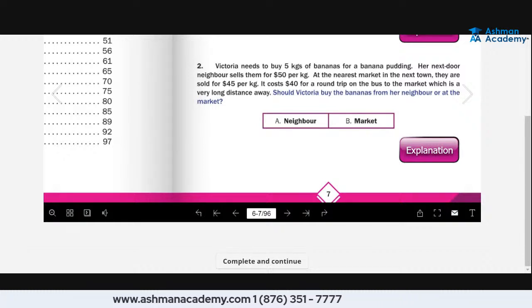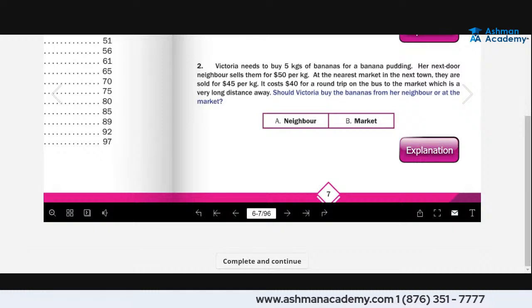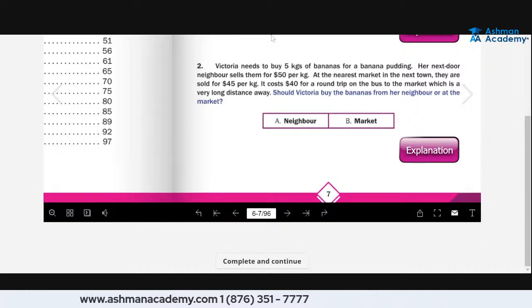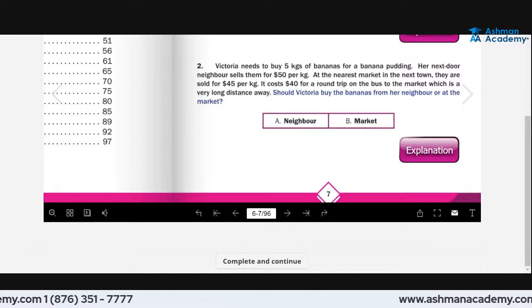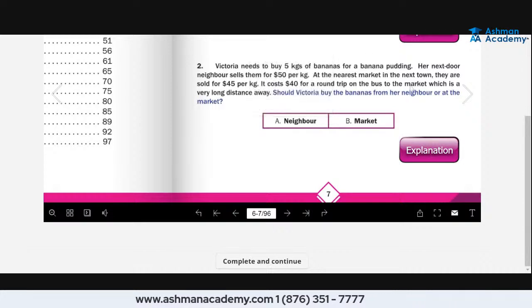It costs $40 for a round trip on the bus to the market, which is a very long distance away. Question, should Vicky buy the bananas from her neighbor or at the market? That's the question. I'm going to zoom in a little bit more because I want you guys to actually work this out.